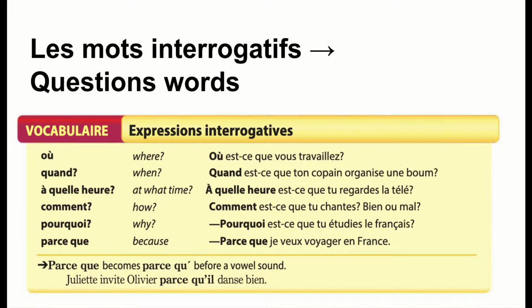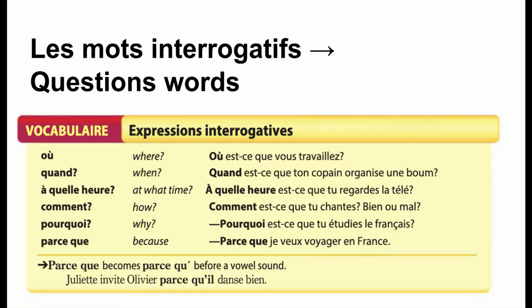Et voilà, il y a ici une liste plus compréhensive pour vous. Alors, ici, les expressions interrogatives où, quand, à quelle heure, comment, pourquoi, et parce que.